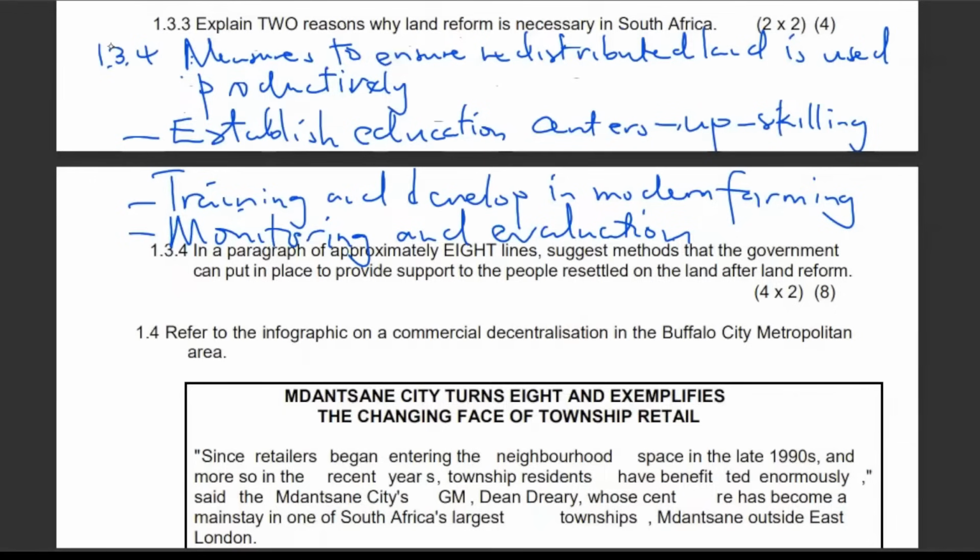And also, we can look at other things like creating market areas for the farmers. Sometimes the problem of the farmer might be establishing a market for their product.